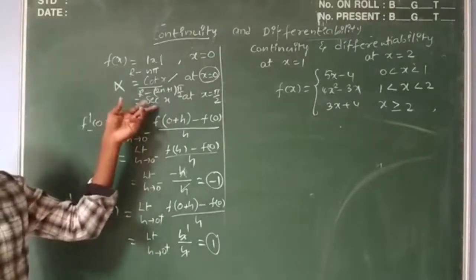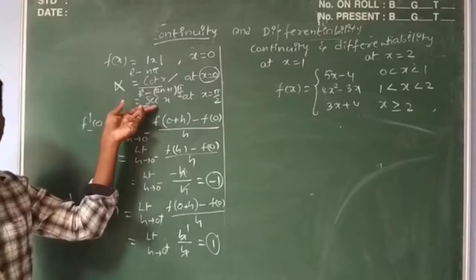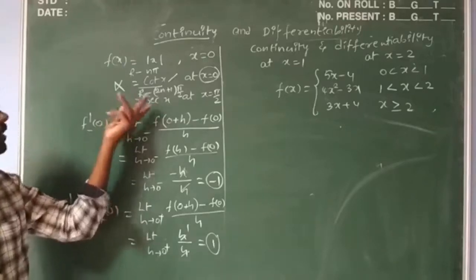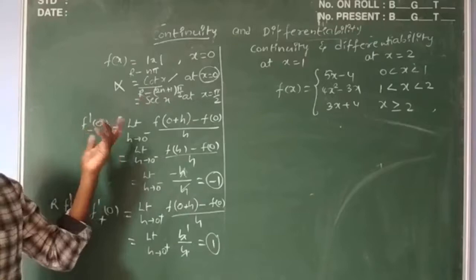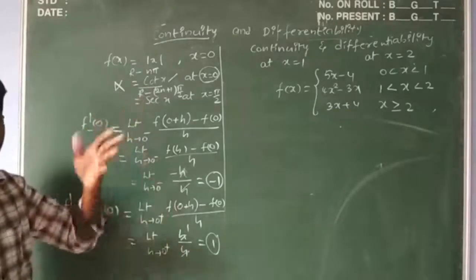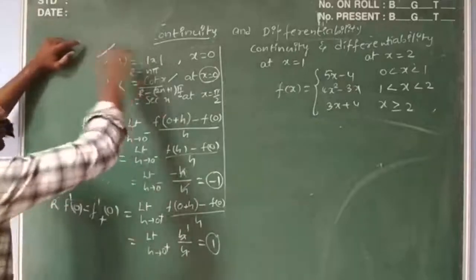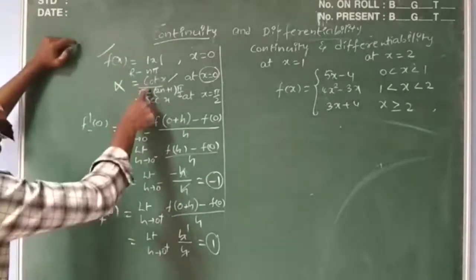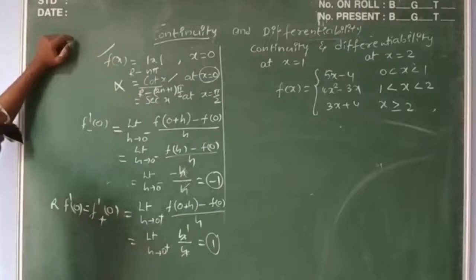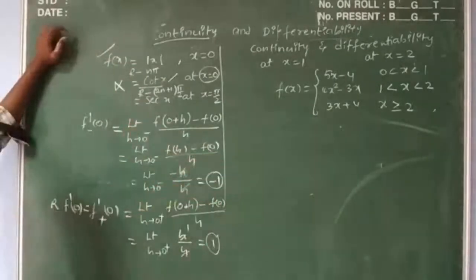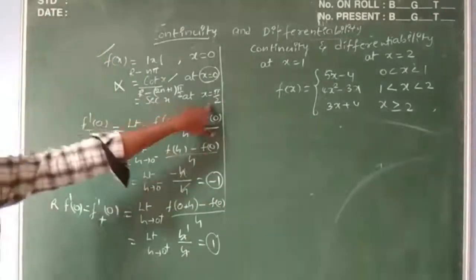Therefore, the function secant x is discontinuous. If the function is discontinuous, it is not differentiable. So f of x is continuous but not differentiable. Cot x is not continuous, not differentiable. Secant x is not continuous, not differentiable at x equal to pi by 2.